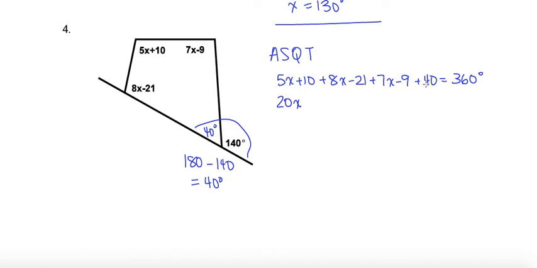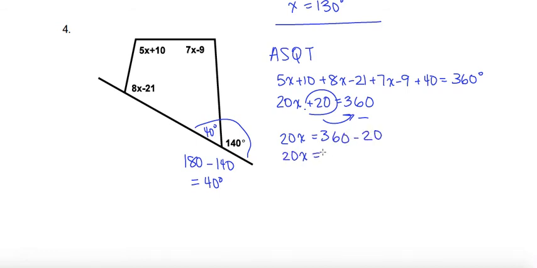And negative 20 plus 40 is positive 20. So I've just simplified my like terms. Now I can go about isolating my x. I'm going to first move over my constant, and I'm going to subtract it because that's the opposite of adding. So 20x is equal to 360 take away 20, or 20x is equal to 340.